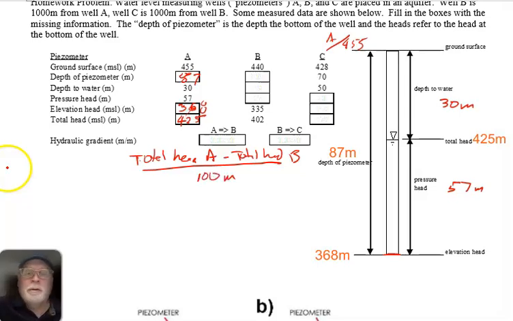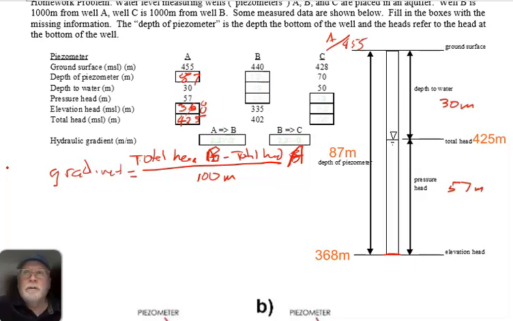To be more rigorous, I should have B minus A, which gives you a negative gradient, since groundwater flow is in the direction of negative gradient. But for grading this, I don't usually take off for the sign. This comes out to 0.023. I can say it's negative 0.023, or I can say it's 0.023 in direction of A to B.